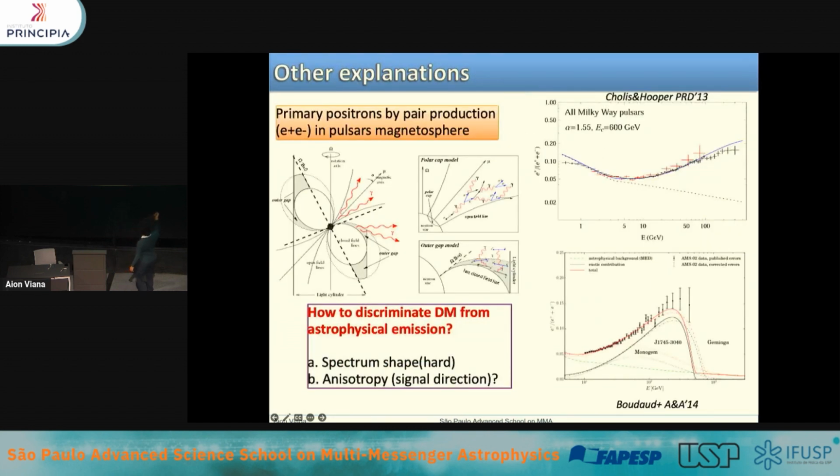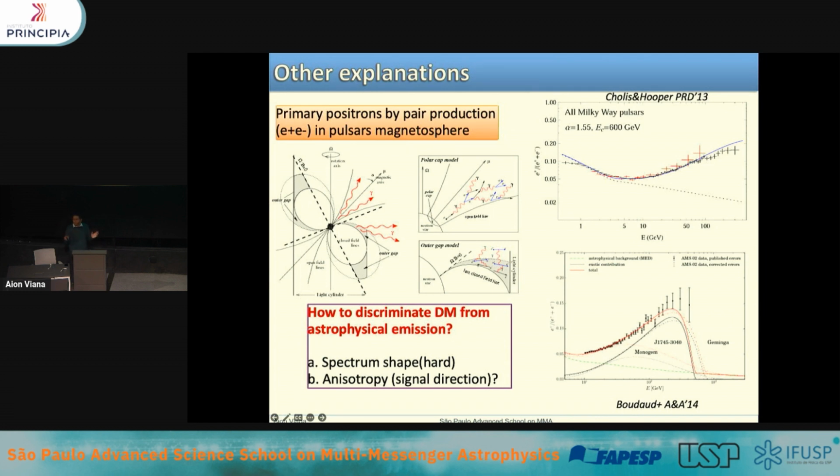Now, here is, for example, a prediction of the pulsars. If we assume a specific model of all Milky Way pulsars, this is the AMS points, you can actually explain these quite well. Now, there is a question about whether the spectrum has the right cutoff.